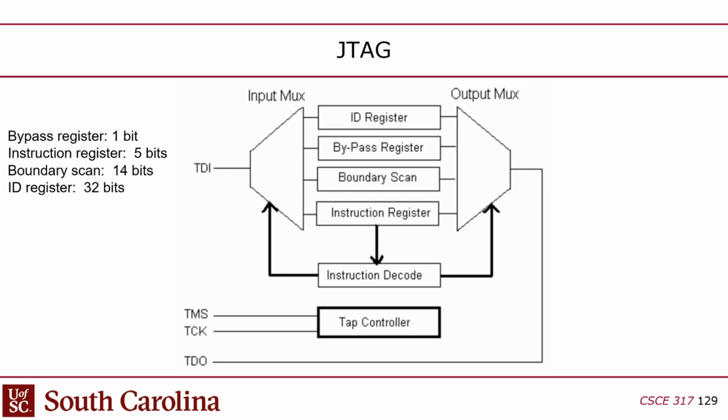And the reason why you have a demux and a mux here is because once you select one of these, like say the boundary scan, bits coming in TDI are going to be routed through the boundary scan register and then back out, right? So that's the reason why they show it like that. You've got a combination of muxing and the shift register in there.